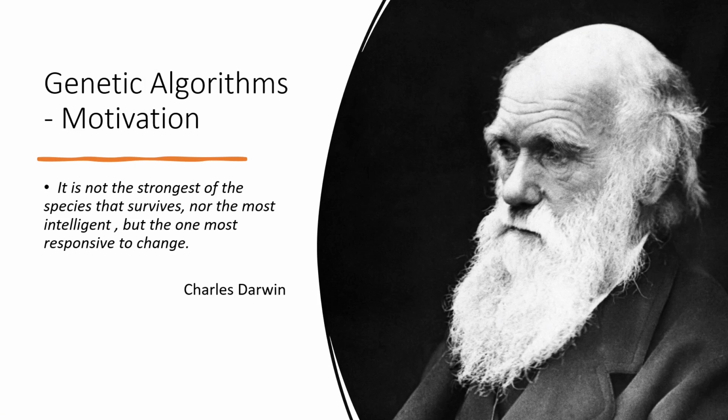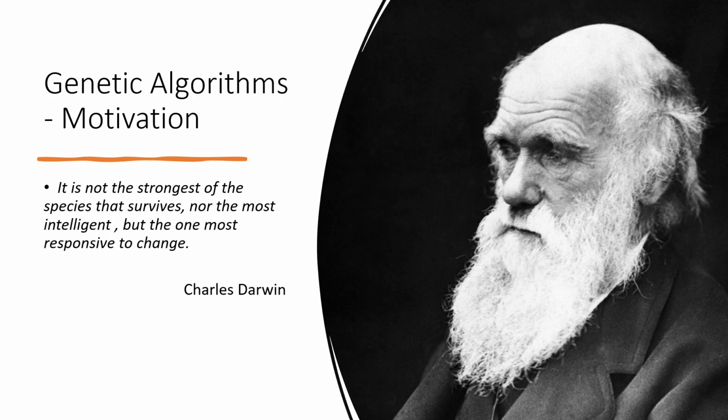Okay, so genetic algorithms rely on survival of the fittest, but survival of the fittest is usually misunderstood by people. People usually think that the strongest of the species survives. That's quite wrong. That's not what Charles Darwin said.